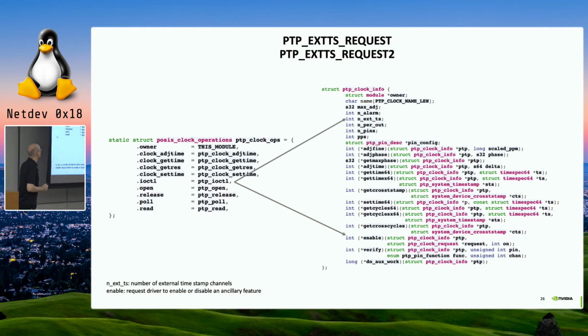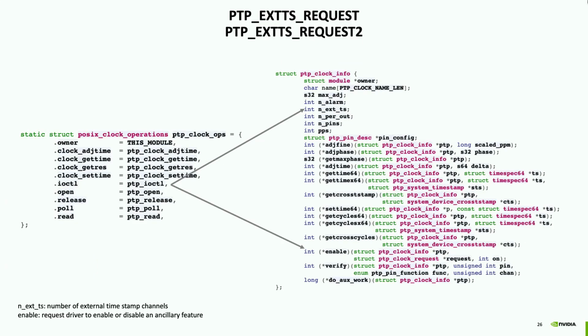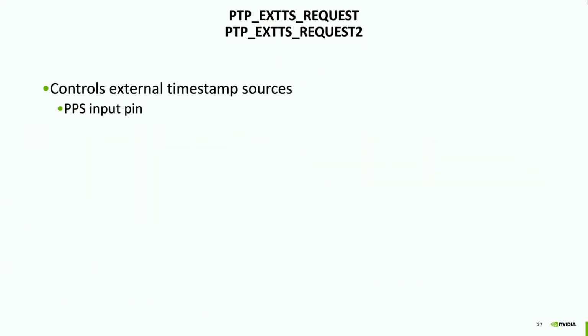So the next one is the external timestamp request. You will see this function a lot. This one controls external timestamp sources. Think of them as PPS input pin. So if you connect a GNSS receiver, for example, that generates 1 pulse per second signal, it will be covered by this request.